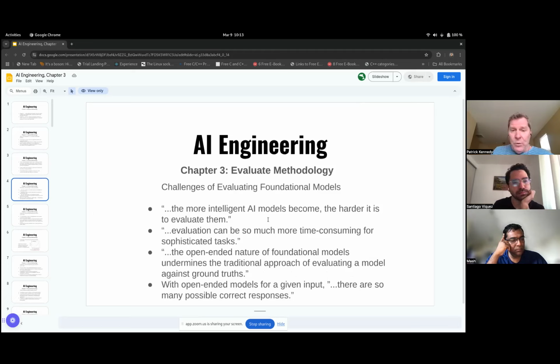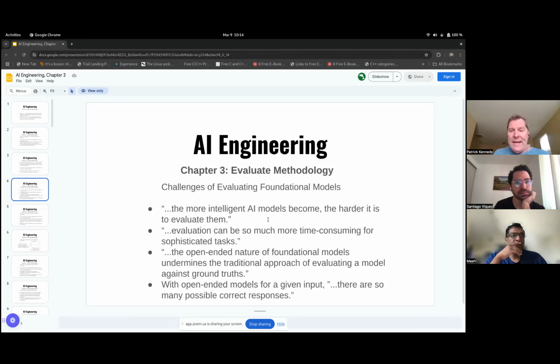For example, if you have a PhD thesis, sometimes it's so subtle you might not know the difference between someone that's faking it and someone that really is the authority and knows the subtle niceties of every little point. So it's harder to evaluate something that's very sophisticated and know whether it is the real thing or not. And evaluation becomes very time consuming on sophisticated tasks.